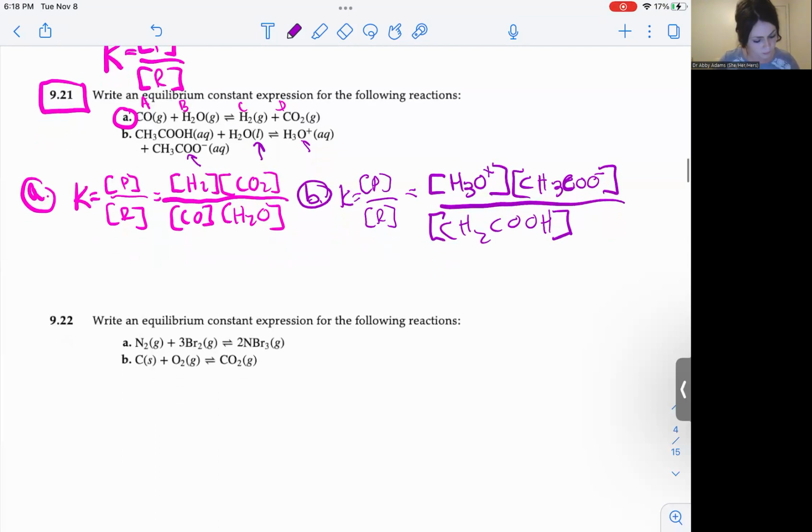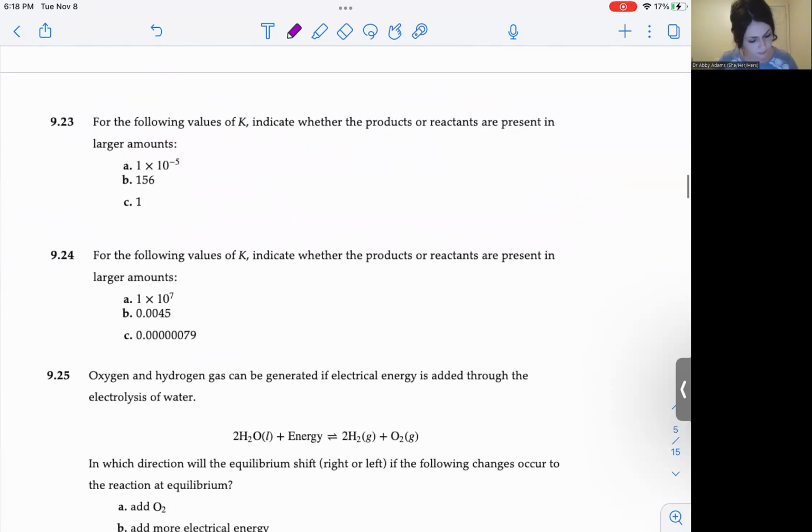Okay, so let's do 9.23. For the following values of K, indicate whether the products or reactants are present in larger amounts. So we have our K, and we have our products over our reactants.